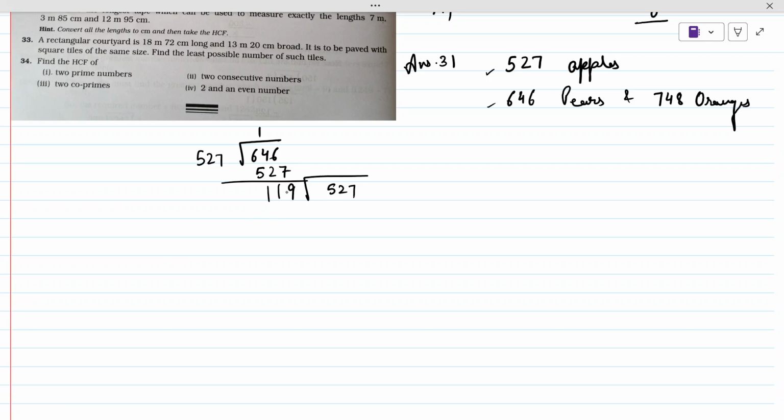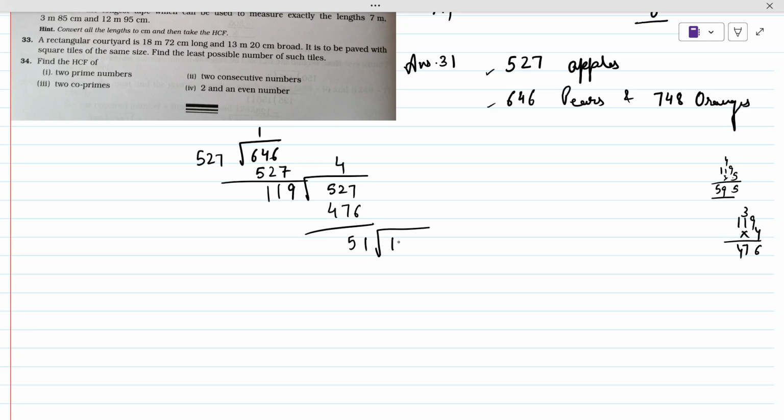Okay, so now let us try to do this with 5. 119 into 5, 5 into 9 is 45, 5 into 1 is 5 plus 4 is 9, so 595, which is a little greater. So let's move to 4. 4 into 9 is 36, 4 into 1 is 4 plus 3 is 7, so 119 into 4 will give us 476. This leaves 51.